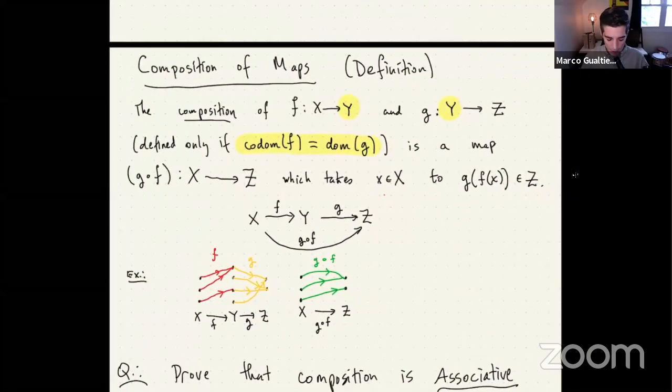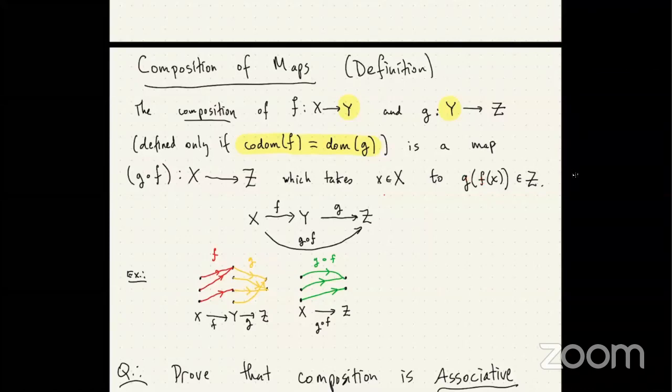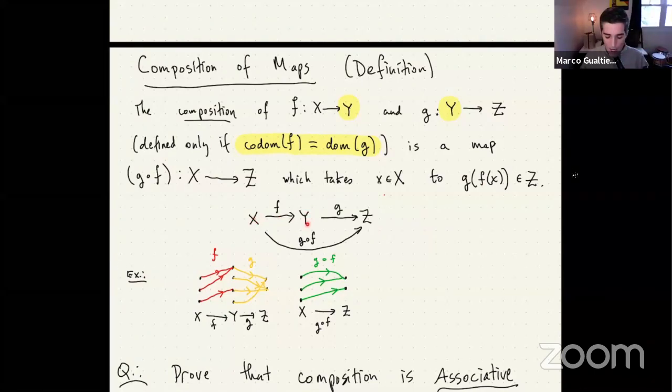In order to compose F and G, to do G circle F, notice here I have F and I have G, but I reverse the order here, G, F. The reason is because first we apply F and then we apply G. You see that G appears first and then F. Because F goes from X to Y and G goes from Y to Z, it is possible to do F first and then G. But I cannot do G first and then F because the domain of F is X. Even if I wanted to, I wouldn't be able to apply G and then apply F because F doesn't act on Z. So with composition, you have to be very careful that the order matters.